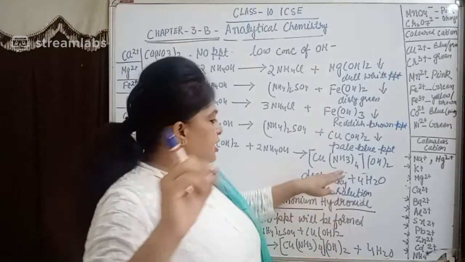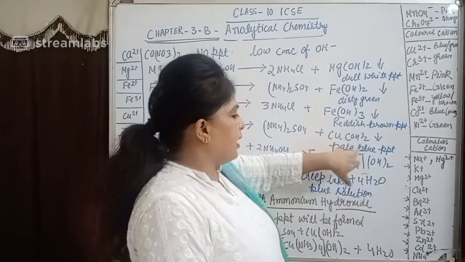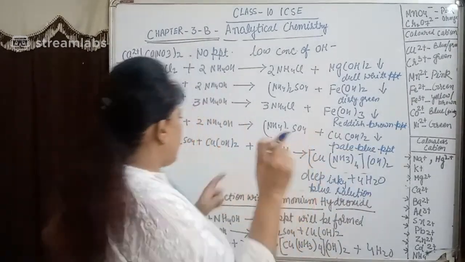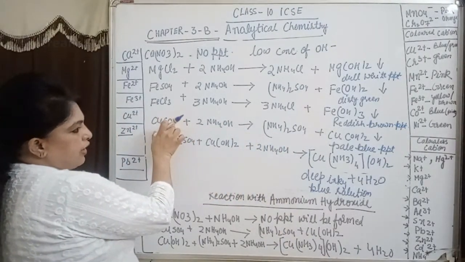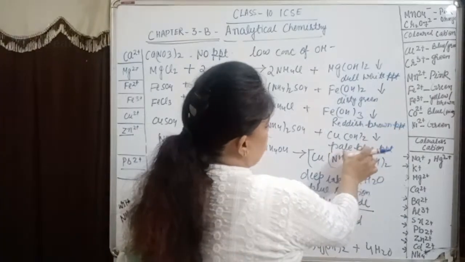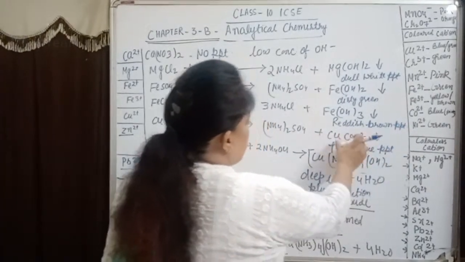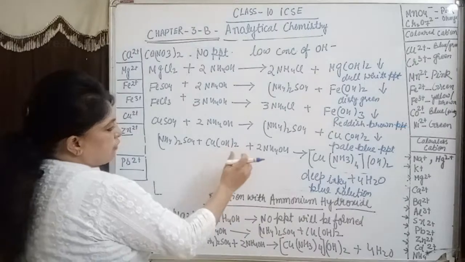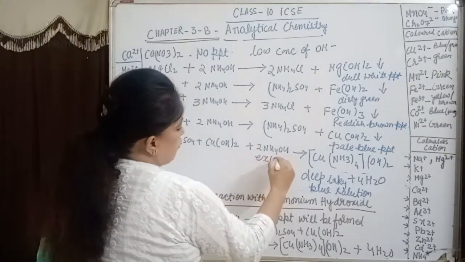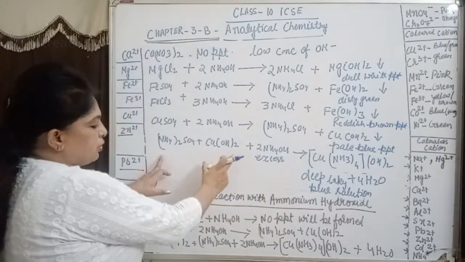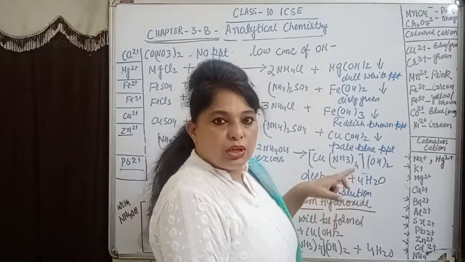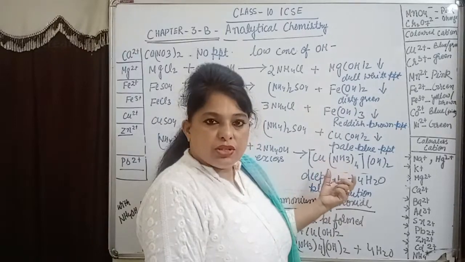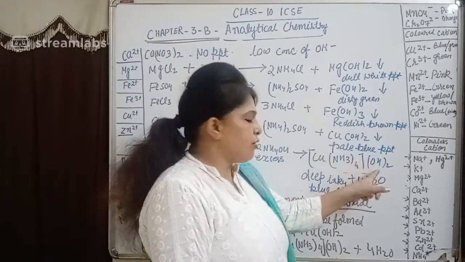It means initially there was a precipitate, pale blue precipitate, when we added a small amount of ammonium hydroxide to the copper sulfate. When you add excess of ammonium hydroxide to this reaction mixture, we will get deep inky blue solution because of the formation of tetraamine copper hydroxide.